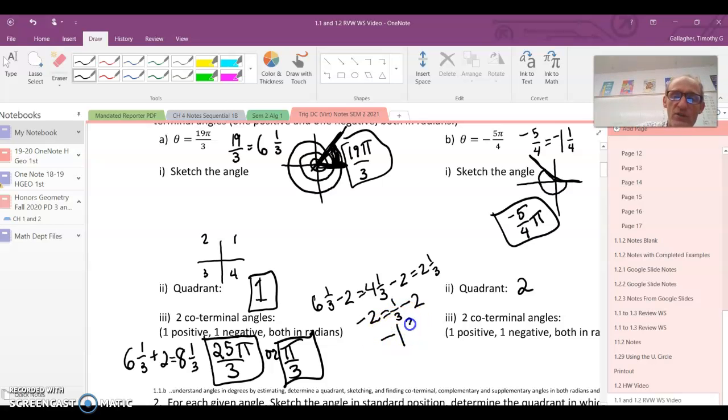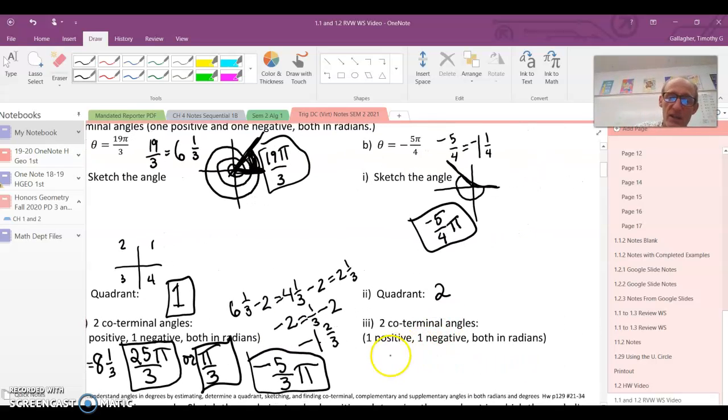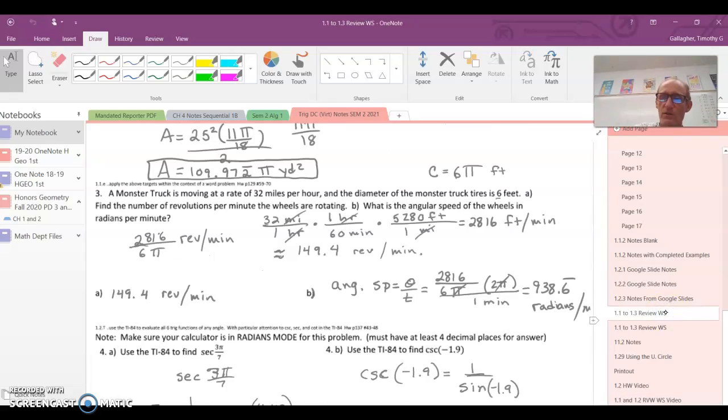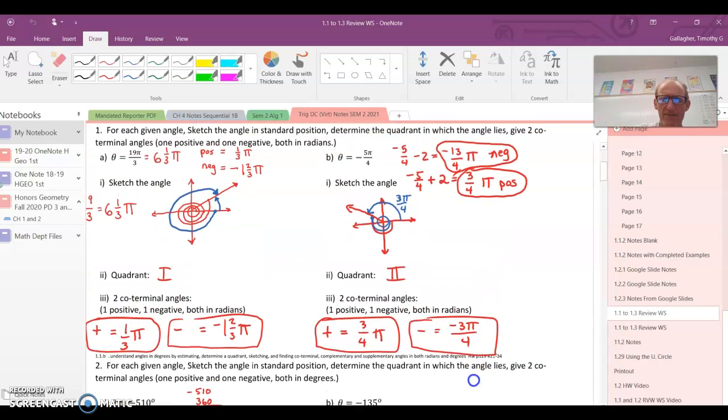Since 1 times 3 plus 2 is 5, it's actually negative 5/3 pi. That's the negative coterminal angle. For the other one, you take negative 5/4 plus 2 and negative 5/4 minus 2. That'll give you the positive and negative coterminal angles, and you can check the answer key for that.